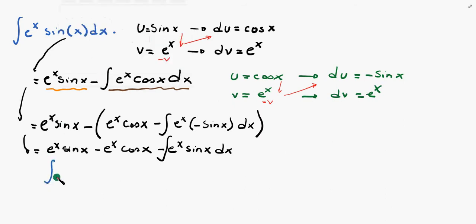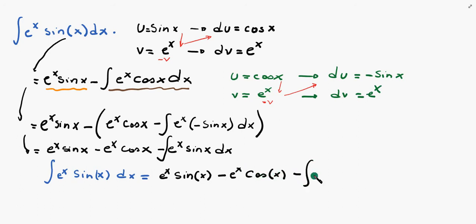So we can just write the integral of e^x sine of x dx, I can even put parentheses if you want, equals the whole thing here, e^x sine x, and put some parentheses, minus e^x cosine of x, minus the integral of e^x sine x dx.